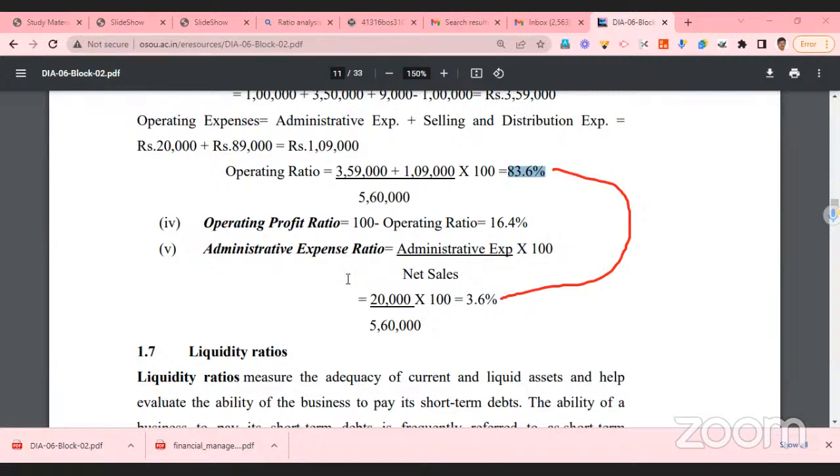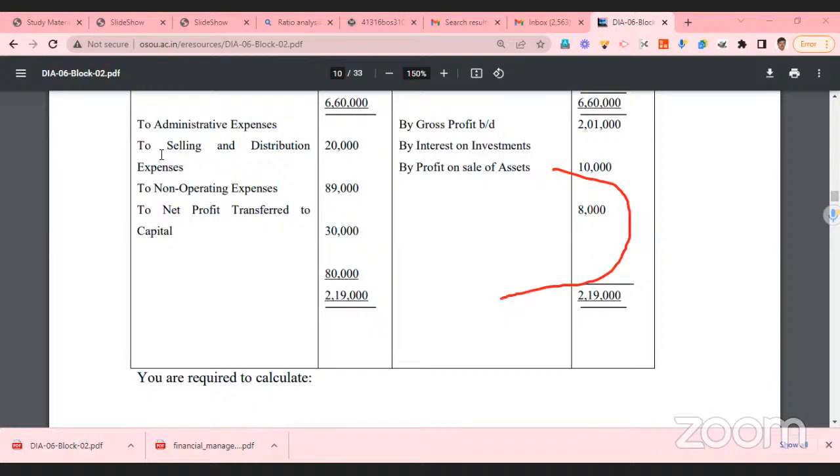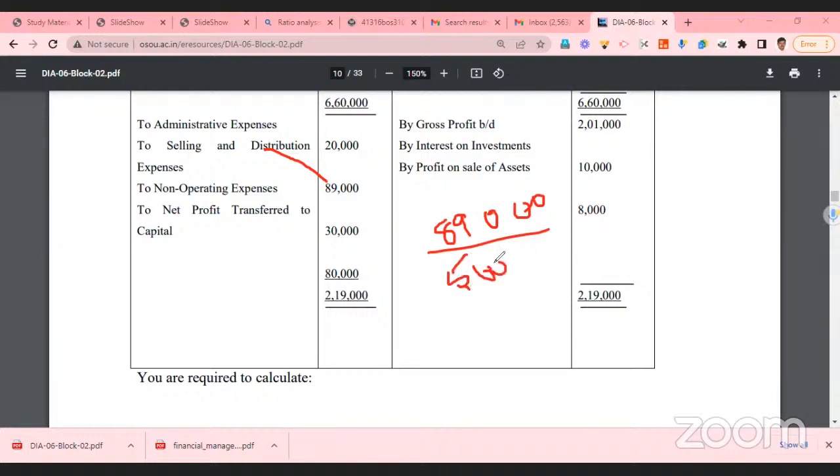Suppose you want to calculate the selling and distribution expenses ratio. What we can do is take 89,000 as the selling and distribution expenses divided by net sales of 5,60,000 into 100.